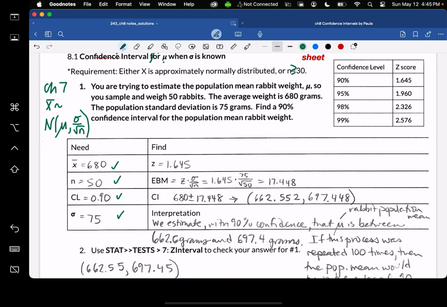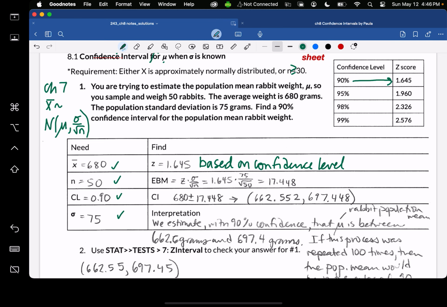So you'll see here that I've written that z is equal to 1.645, and that is based on the confidence level. If we are looking at a confidence level of 90%, then the z-score will be 1.645. And the z-score gets bigger if we raise our confidence level to 99%.